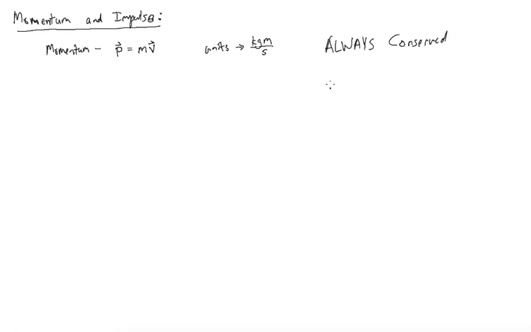This momentum is always conserved. So change in net momentum has to equal 0, or just net momentum initial has to equal net momentum final. So add up all the momentums of all your objects interacting initially, it'll equal all the momentums of all your objects at the end.